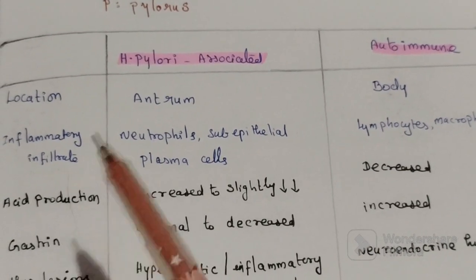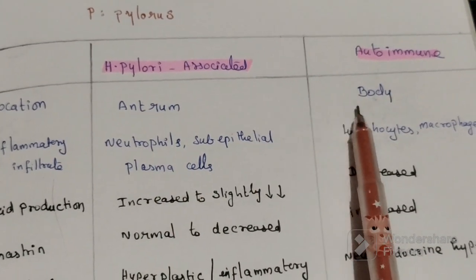Location: H. pylori is associated with the antrum, autoimmune with the body.